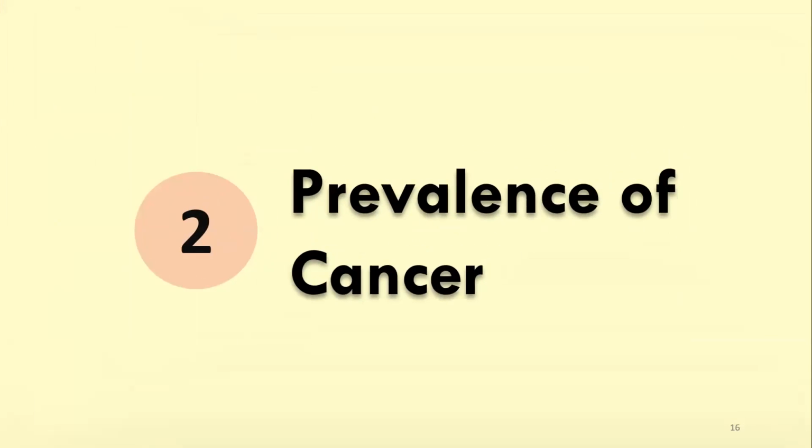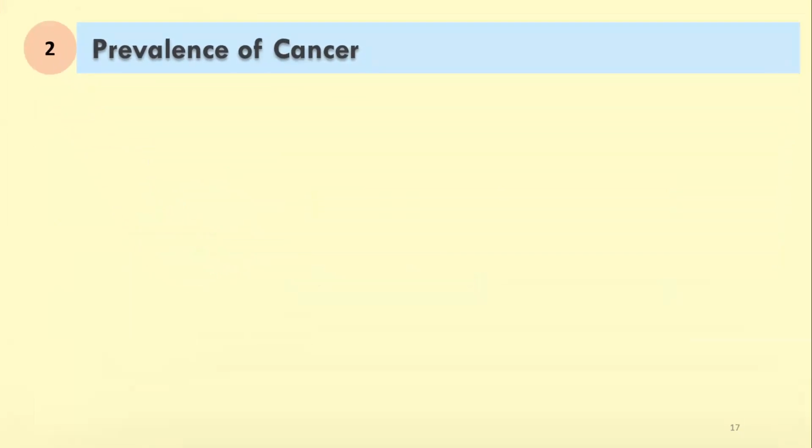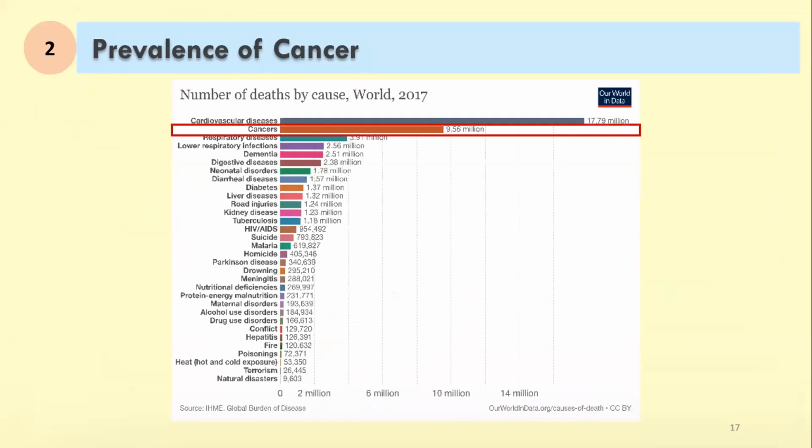Let me tell you some figures on why I am interested in spending 10 to 15 minutes on cancer, because of this data. In our world, cancer is the second most leading cause of death after cardiovascular diseases.